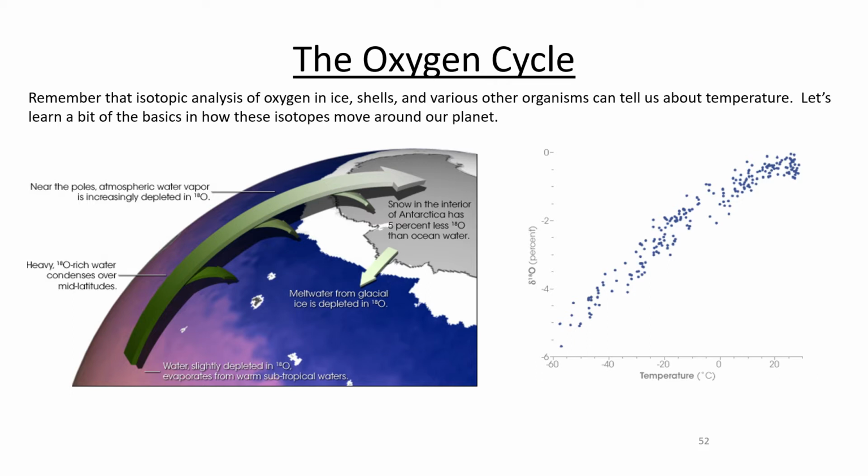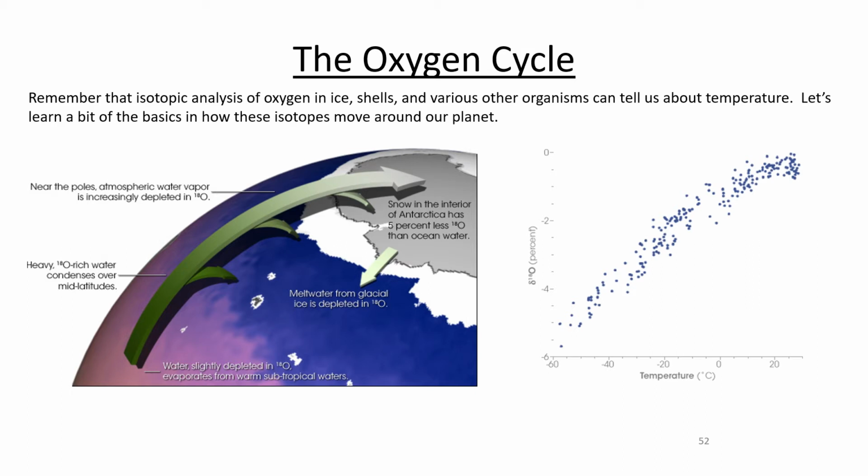Oxygen-16 is by far the most common one. It is stable, does not go through radioactive decay, and it comprises about 99.8% of all oxygen nuclei.